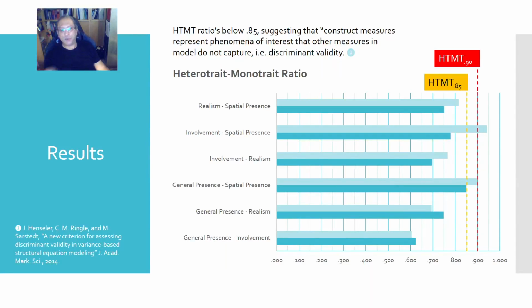The light blue values indicate the 14 item version's HTMT values, but as you see, the dark blue values, which indicate the 11 item version's discriminant validity according to HTMT, are in line with the accepted thresholds.